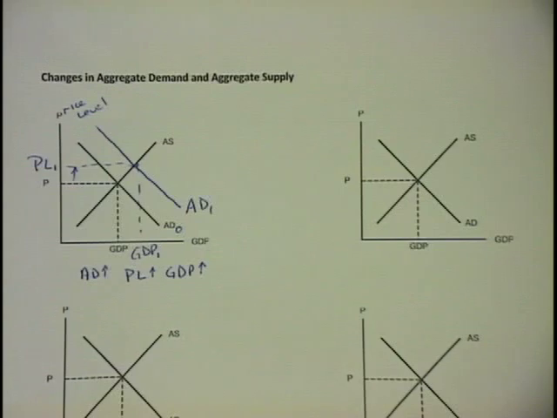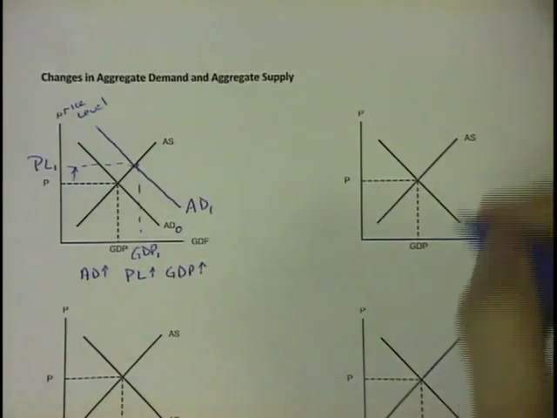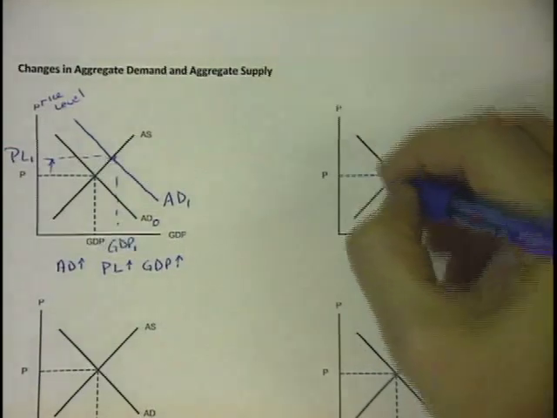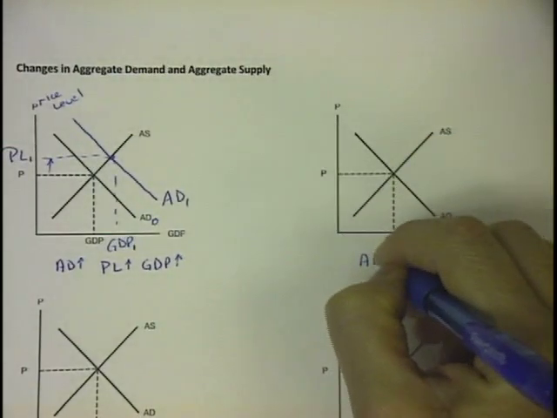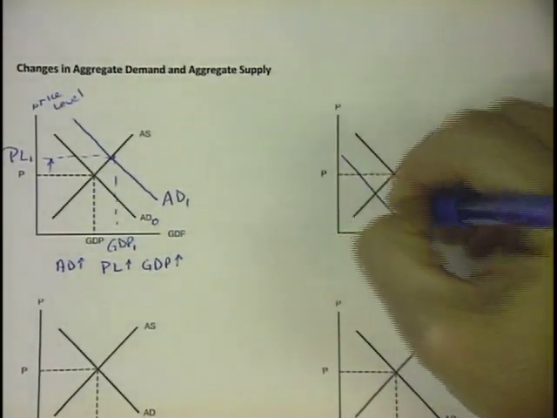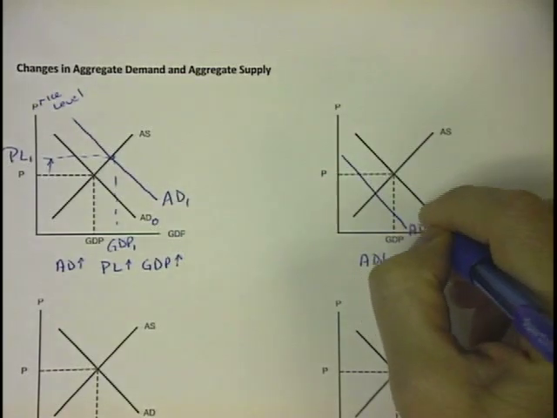increase as well. Okay, so let's say the government does something else to decrease the aggregate demand. Let's say they raise taxes, or the Federal Reserve increases the interest rate, or maybe foreign incomes decrease. Okay, so if we have a decrease in aggregate demand, it will shift the aggregate demand curve to the left.